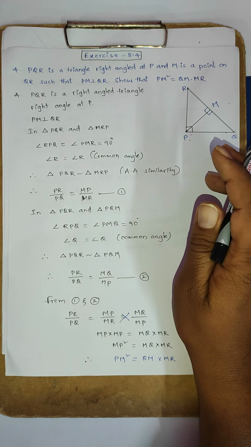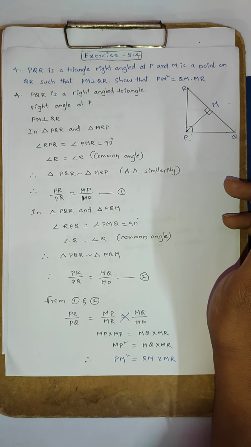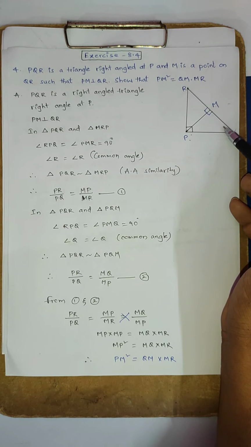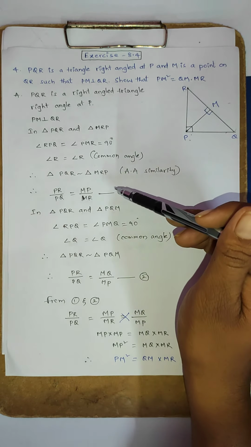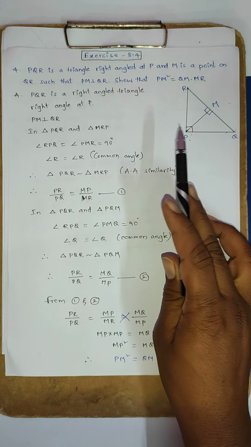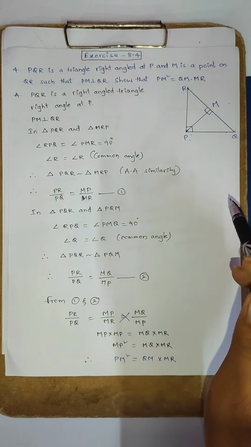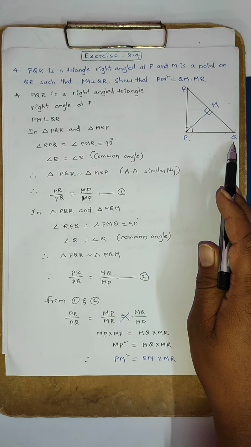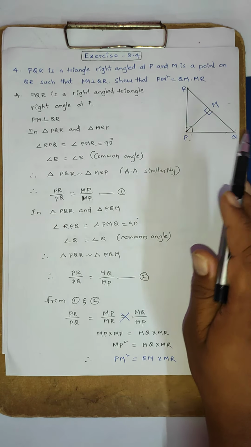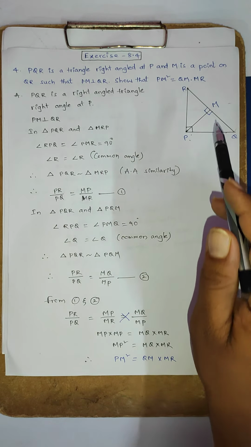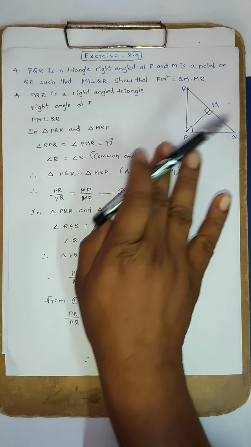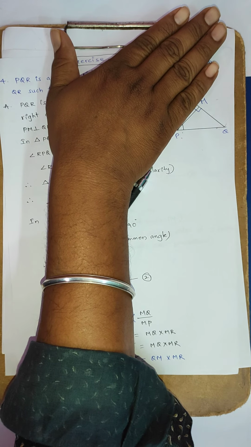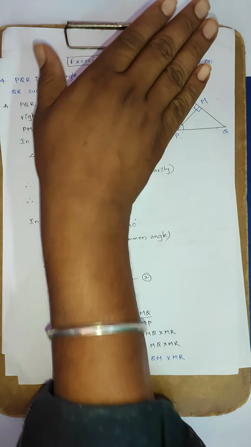In similar triangles, corresponding sides are in the same ratio: PR by PQ is equal to MP by MR. Similarly, the big triangle PQR and the small triangle PQM have one angle 90 degrees and one common angle, so these two triangles are also similar to each other.